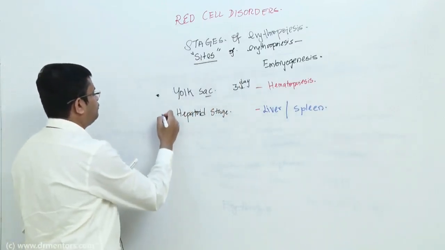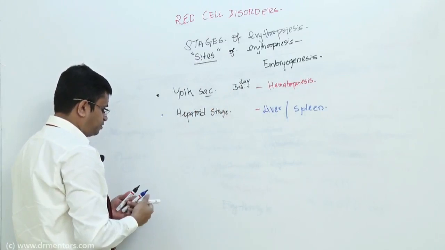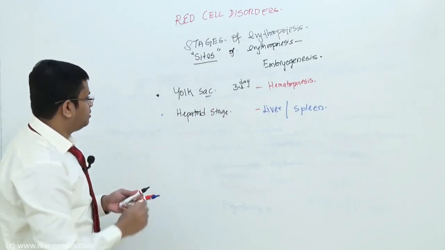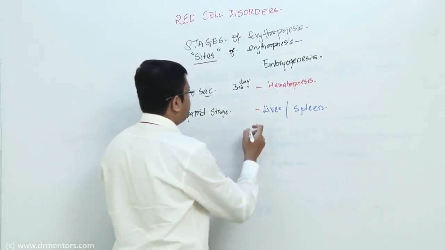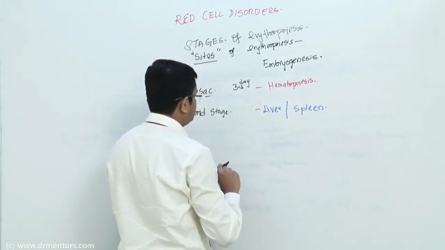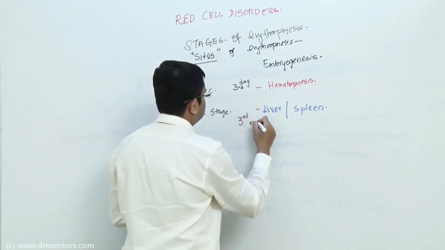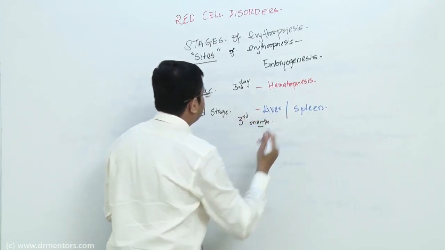That's your second phase of hematopoiesis. This will happen around the third month of embryogenesis.